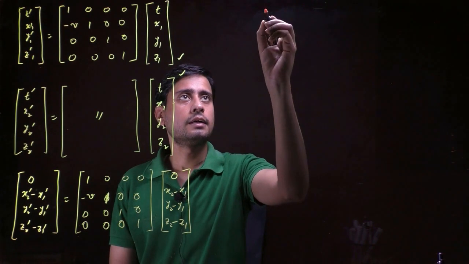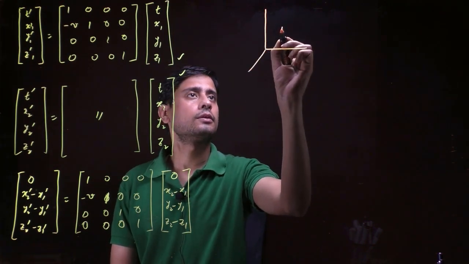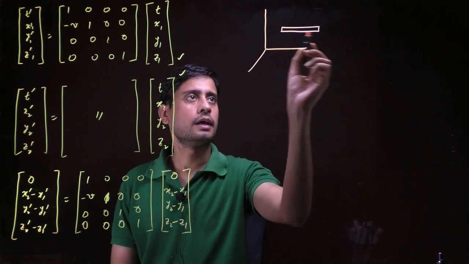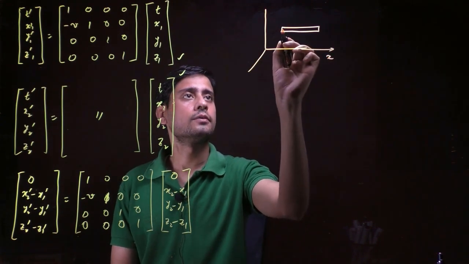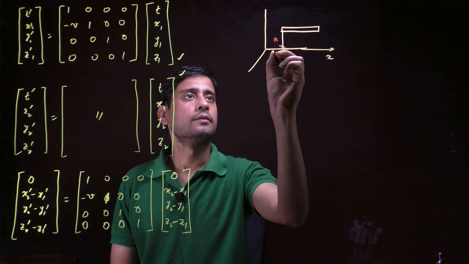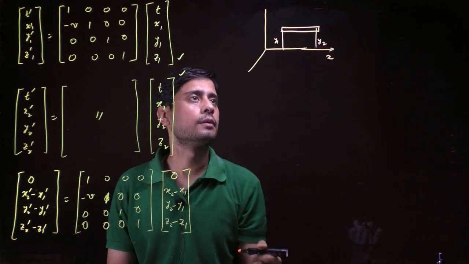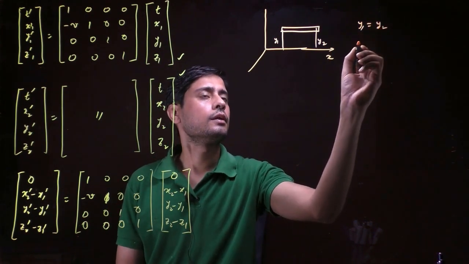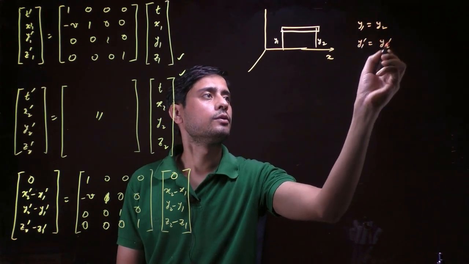Now since the rod is parallel to the x-axis, y1 and y2 will be the same, so y1 is equal to y2, and similarly in the other frame y1 prime will be equal to y2 prime.